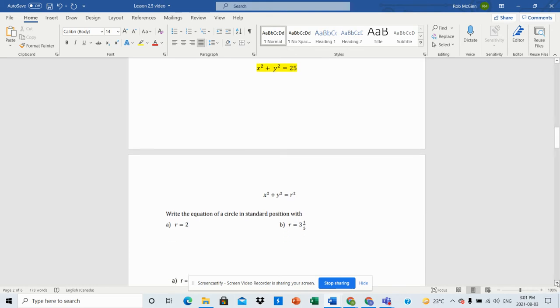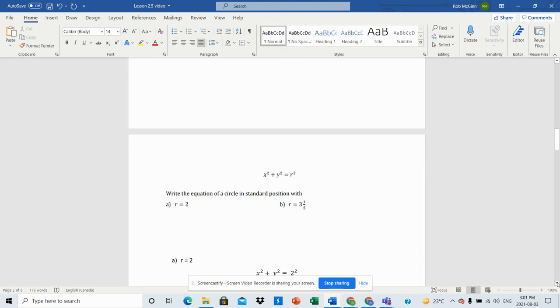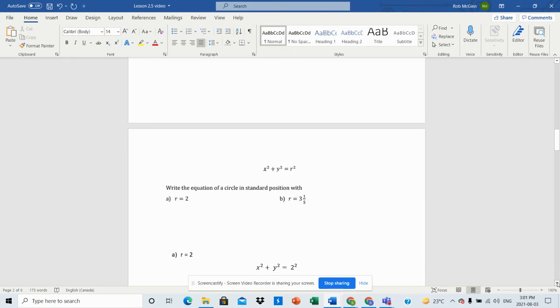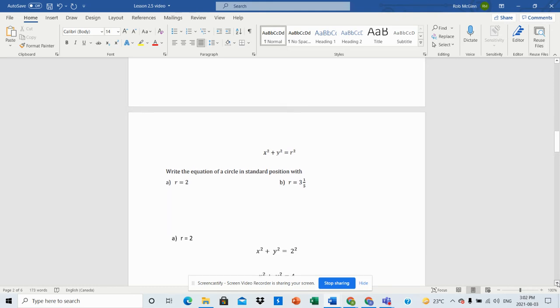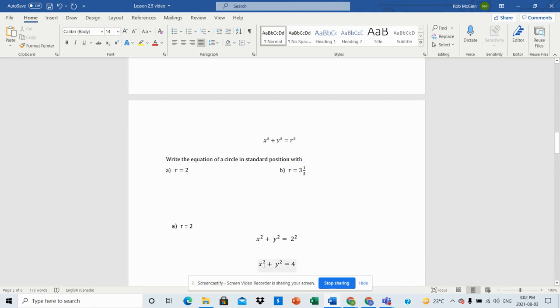The radius is 2, so it'll be x squared plus y squared equals 2 squared. We'll have to square that radius, and our final formula will be x squared plus y squared equals 4. So that's not too bad.